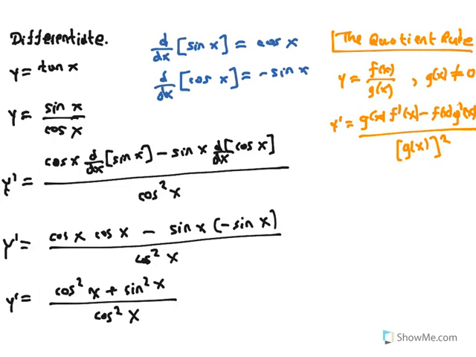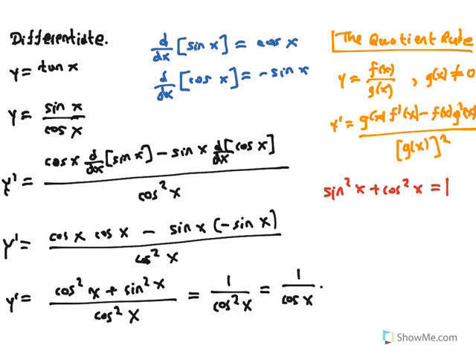So there is another identity called a Pythagorean identity, and that Pythagorean identity is if you have sine squared x plus cosine squared x, that is equal to 1. And we're going to use the Pythagorean identity to rewrite the numerator as 1. And of course, 1 over cosine squared x, you can write that as 1 over cosine x times 1 over cosine x.